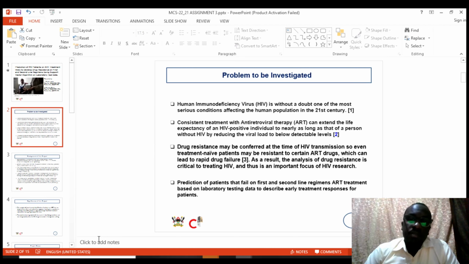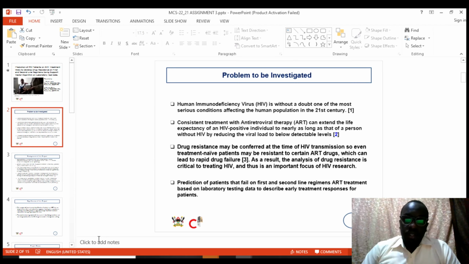What this means is we have people who are not aware that they are carrying the virus, and in the process, due to mutations, they become resistant to the drugs. So analysis of drug resistance data is critical in treating HIV, and very important in HIV research.